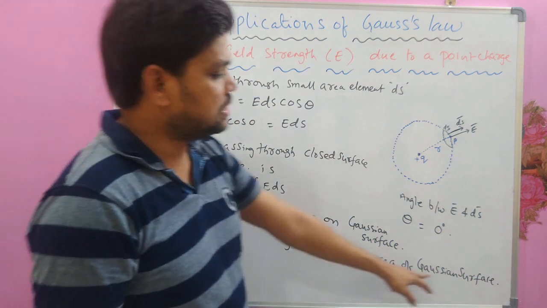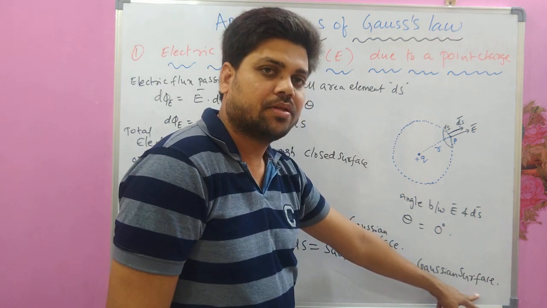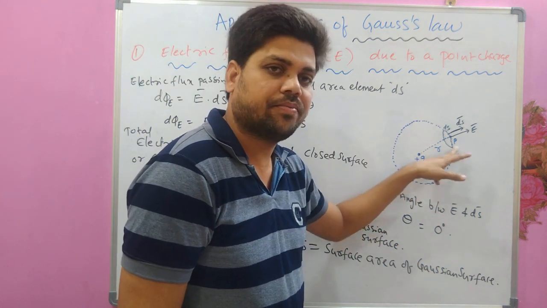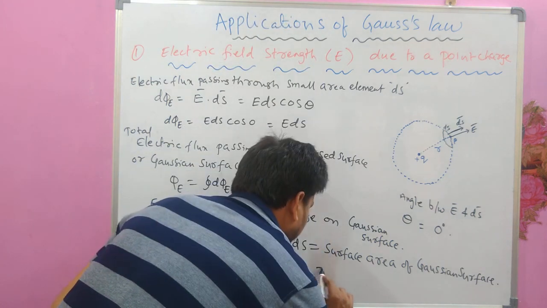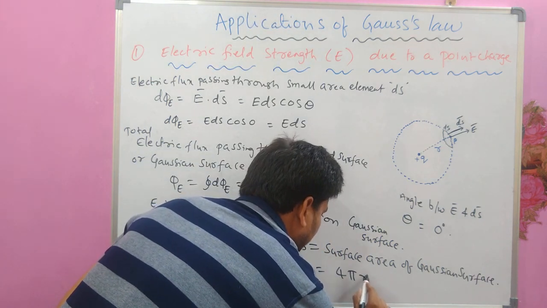The Gaussian surface is spherical in shape with radius r, so it would be equal to 4πr².